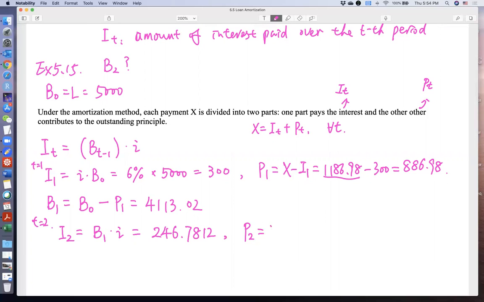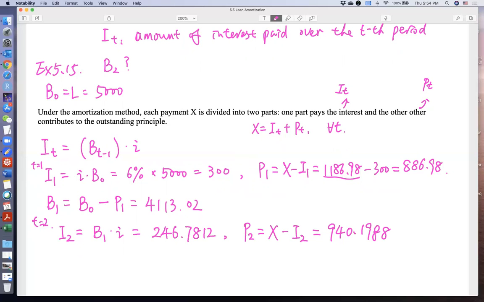The payment is always the same, but since I paid less towards interest, more is paid towards the principal. It's actually more than 900 now.